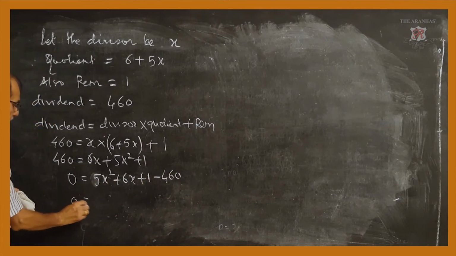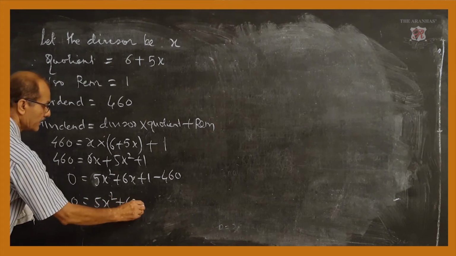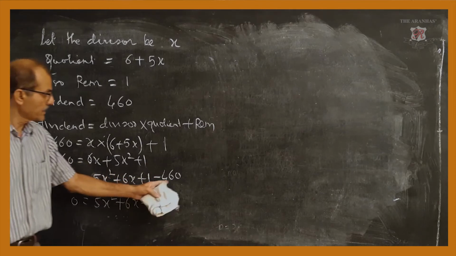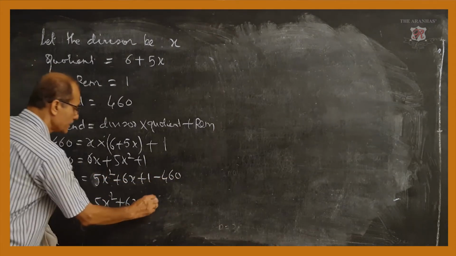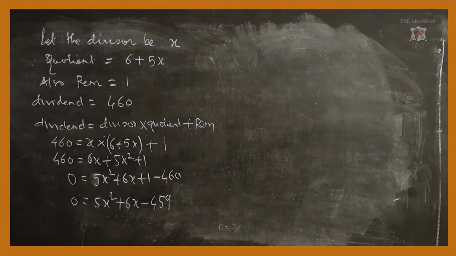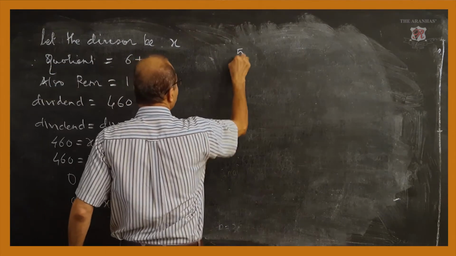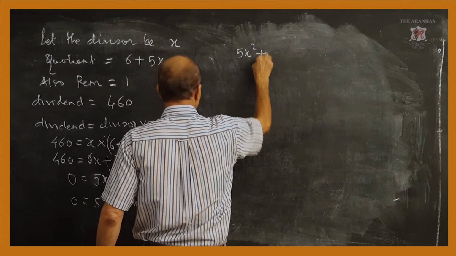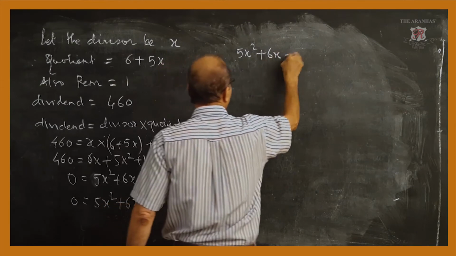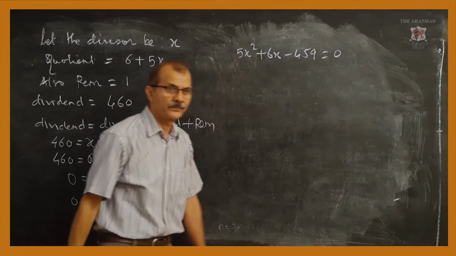So 0 is equal to 5x squared plus 6x minus 460 minus 1 is 459. So 5x squared plus 6x minus 459 is equal to 0.